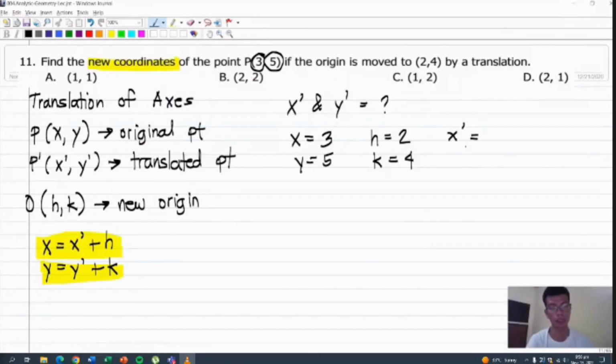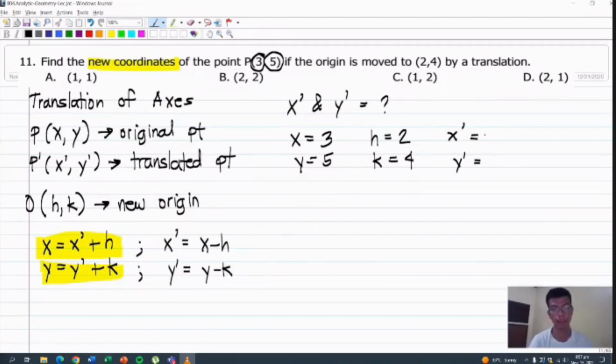Solving for x prime and y prime is easy, since we have the formula x equals x prime plus h. Therefore x prime is x minus h, and likewise y prime is y minus k.